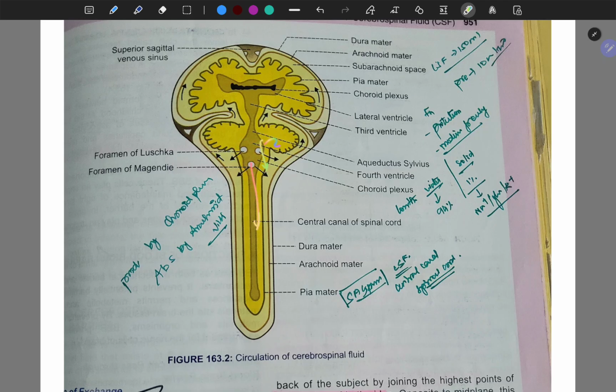From there the CSF reaches the spinal cord.